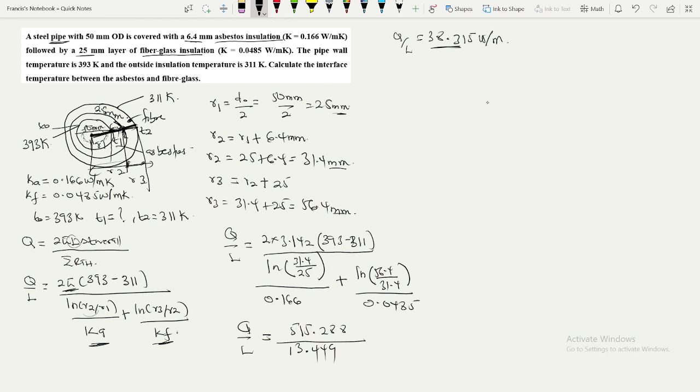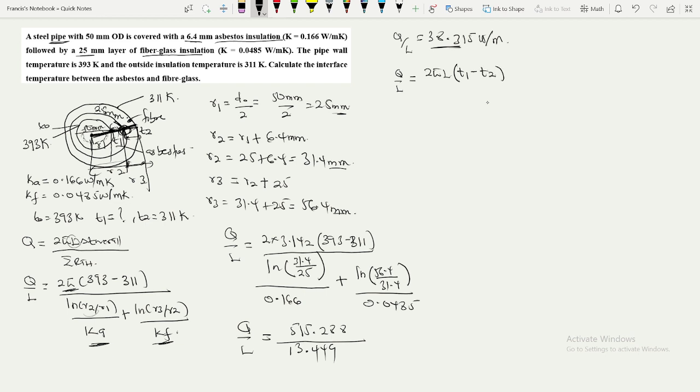But we want to find our T1, so this is our T1. When you do the same manipulation and find the heat from this point to this point, you are still going to get 38.315. So we create Q over L equal to 2 pi multiplying T1 minus T2, because T1 will be at higher temperature than T2.